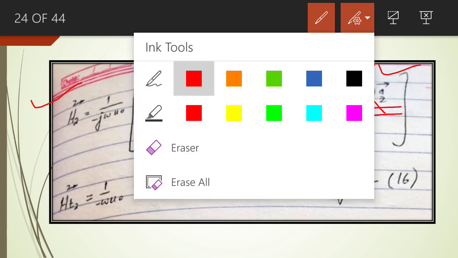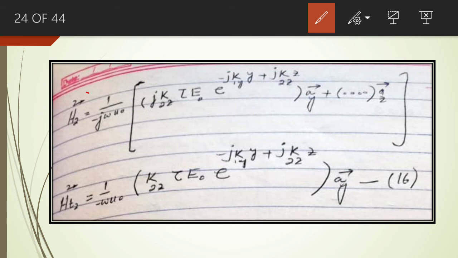So what we do, we consider the tangential component of H2 only, in equation number 16. So equation number 16 gives you the tangential component of H2.